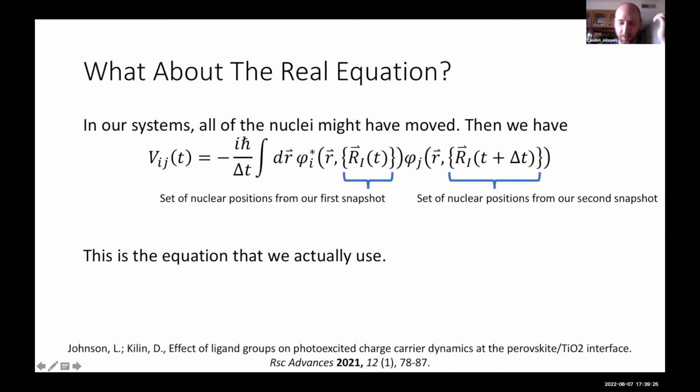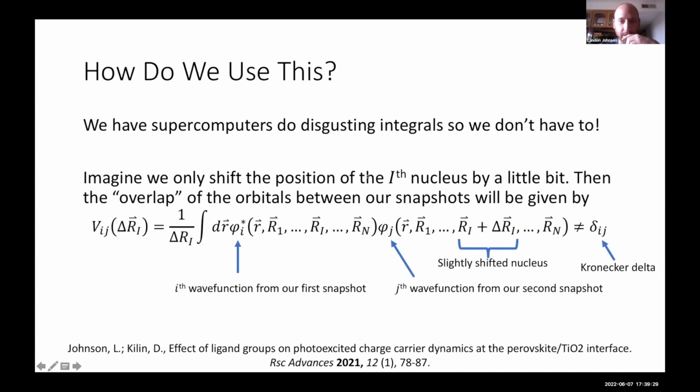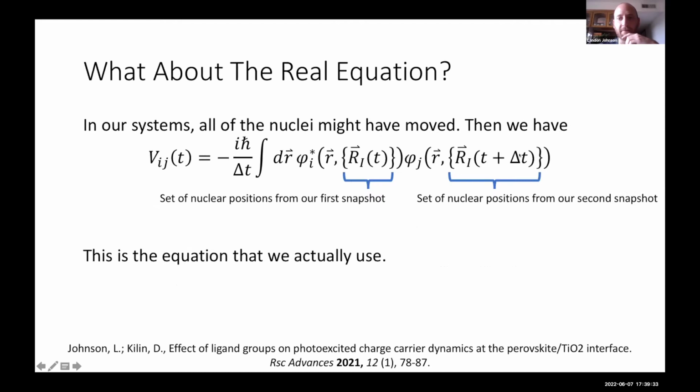So this is basically the same thing as that last one, except instead of it being just this one thing that has changed, every nuclear position has probably changed now. But otherwise, this is the exact same thing. We're just looking at the ith orbital from our first snapshot and the jth orbital from our second snapshot. And now these orbitals can intermix a little bit. And this quantity is sort of how much space they share.